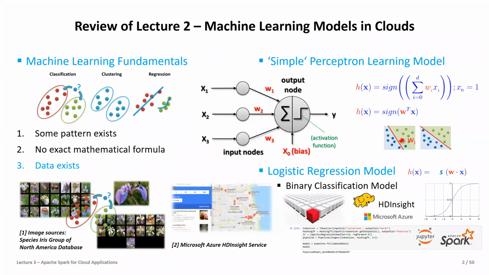You have this signal X going in, which is essentially different pixels of a flower, or it could also be sepal and petal width and length, as we had in our lecture. And we sum this all up linearly using weights. That makes it a linear learning model, right? Because there are highly nonlinear methods in machine learning that we don't cover right now.